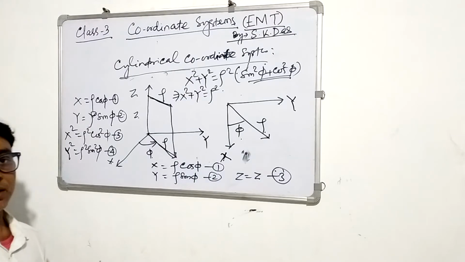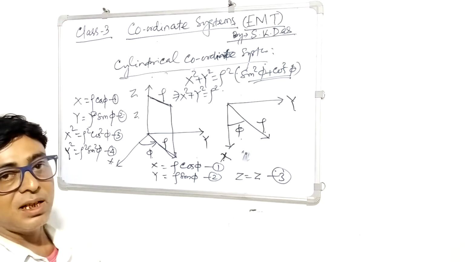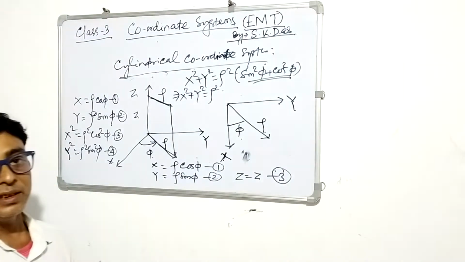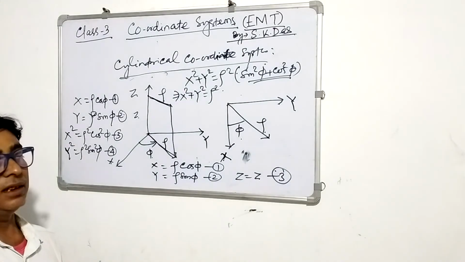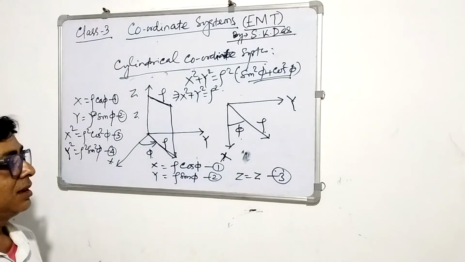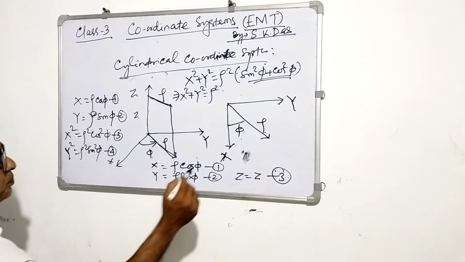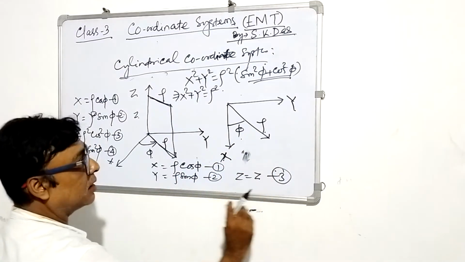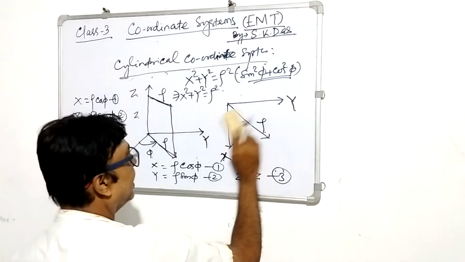Similarly, as we discussed for the Cartesian coordinate system, i dot i is 1, j dot j is 1, k dot k is 1. Similarly, in this case the unit vectors are a rho, a phi and a z.